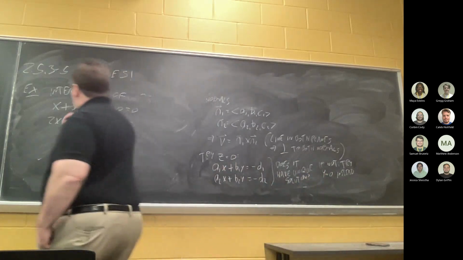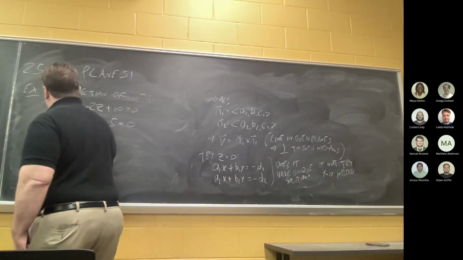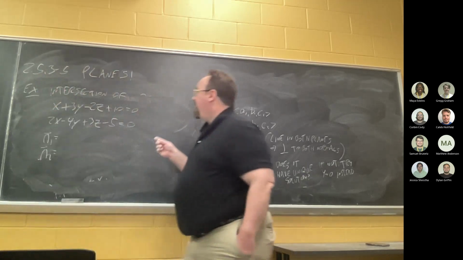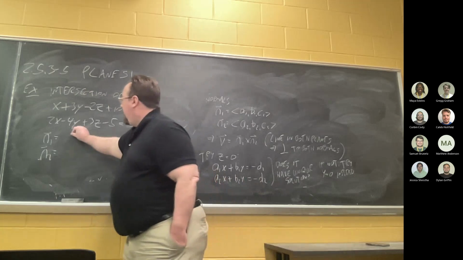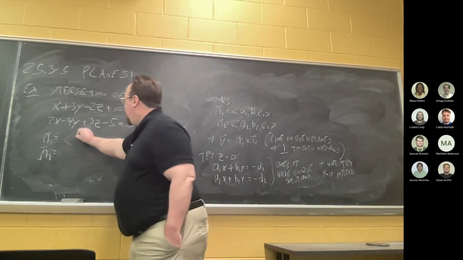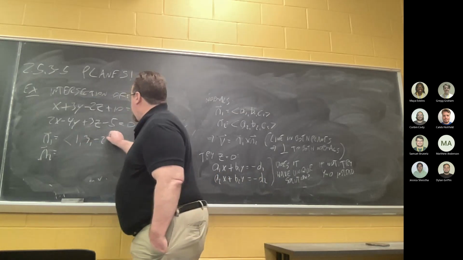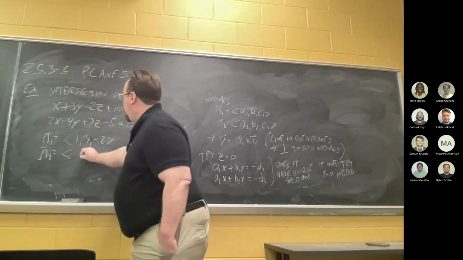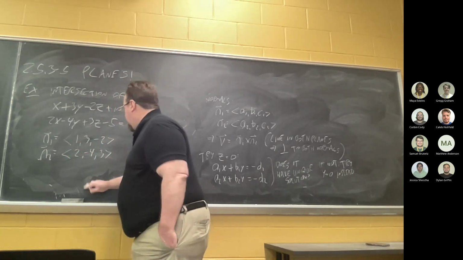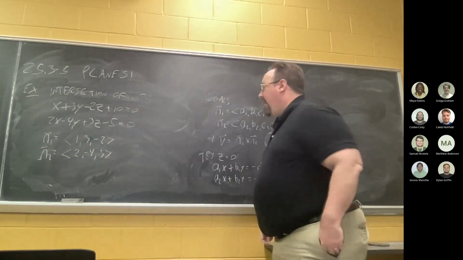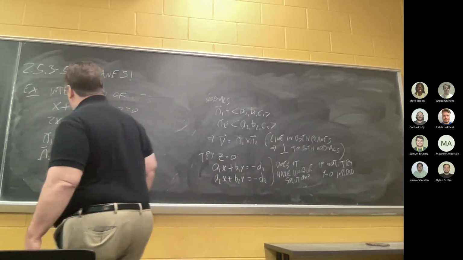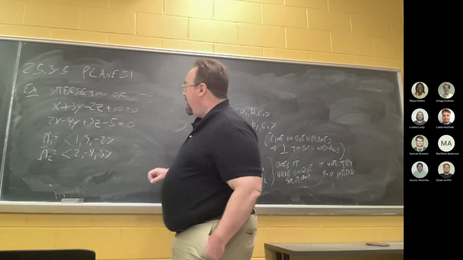So now we get the normals. What are the normals of these planes? The first one. Okay, all right, so now that's the n sub 2. Okay, all right, then what?